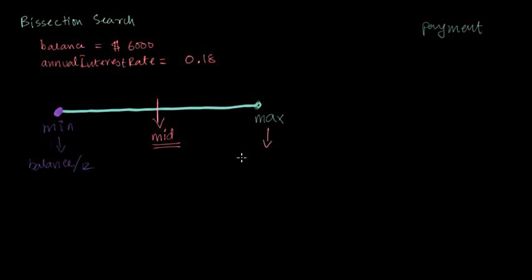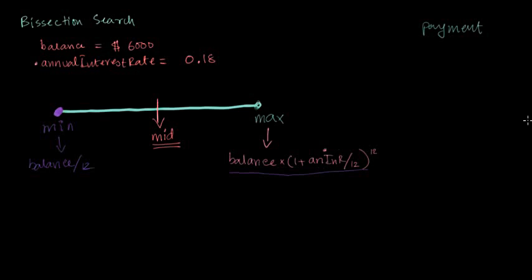So that would be your balance times 1 plus the annual interest rate over 12, to the power of 12. I don't remember exactly what that number was, but it was some big fancy number, and you don't need to worry about it, okay?